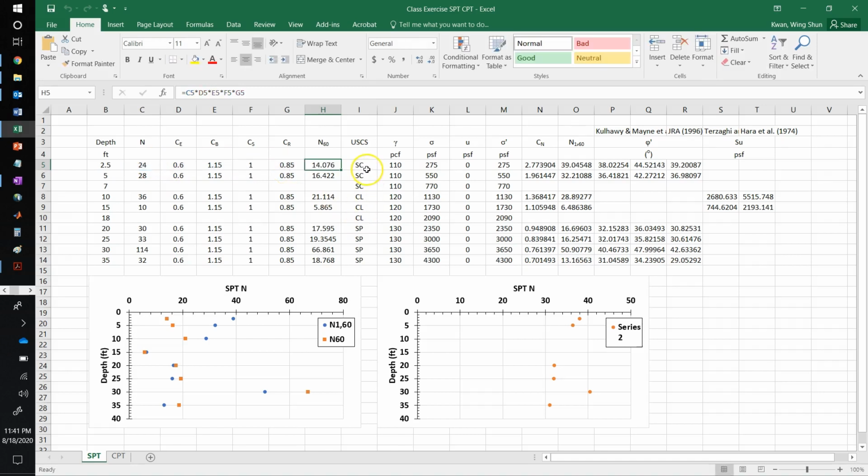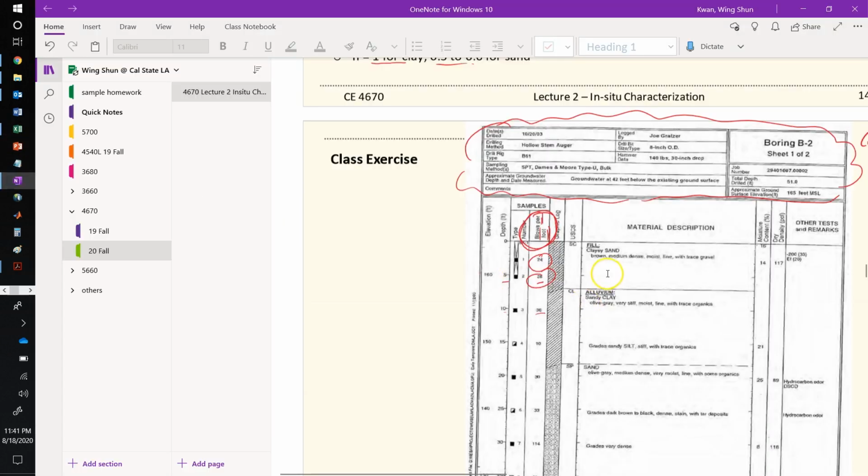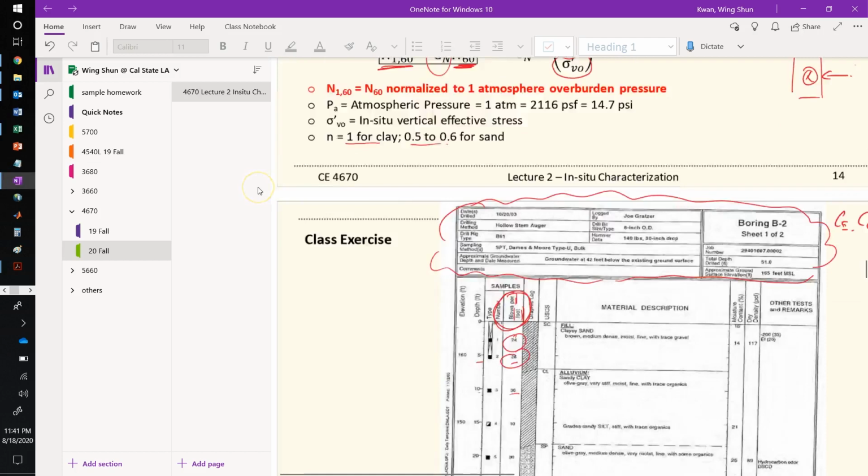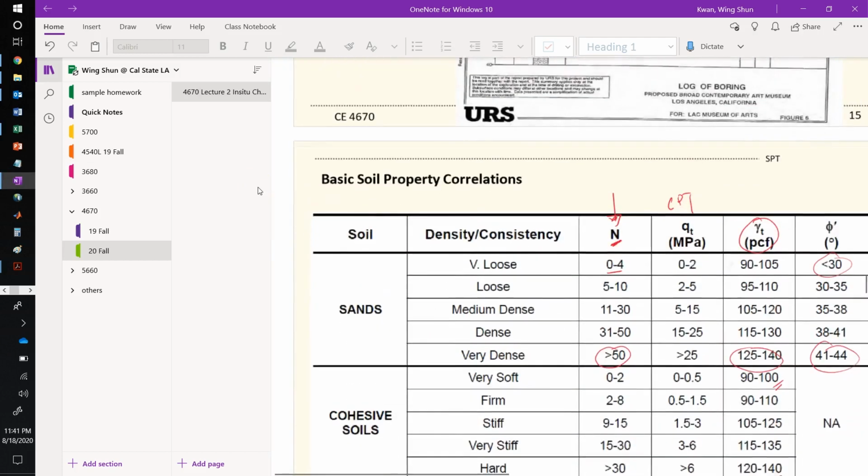And for each interval, the boring logs also tell you what type of material it is. Is it sand or clay? So we can put in the soil classifications based on the soil descriptions, and from there we can assume the unit weight of the soil with this table here.